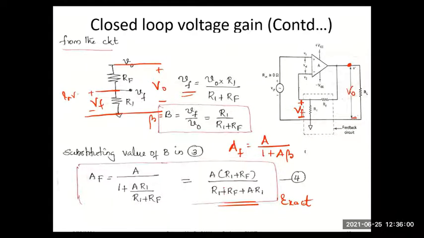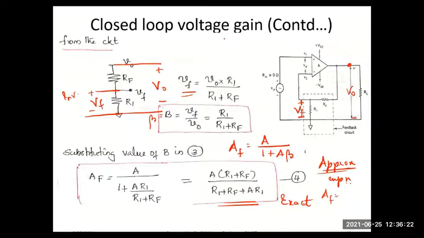Do you remember what is the expression which you derived when you did it in basic electronics? What is the gain of a non-inverting amplifier? Yes? One of you please tell me the expression.